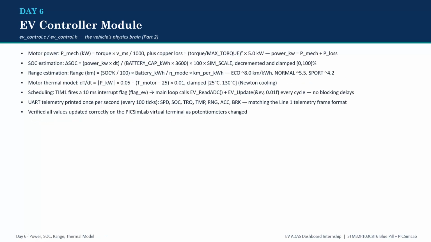So UART telemetry is printed once every 100 milliseconds. We printed the speed, the SOC, the torque, the temperature, the range, the acceleration, and the braking percentage in a line format on the virtual terminal, and we got the results. We verified all this in the Pixim lab.